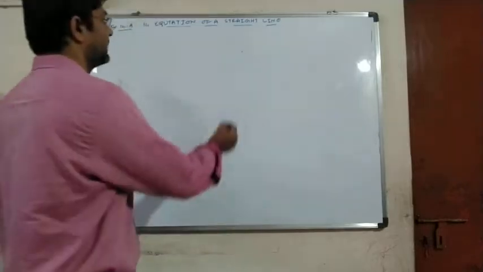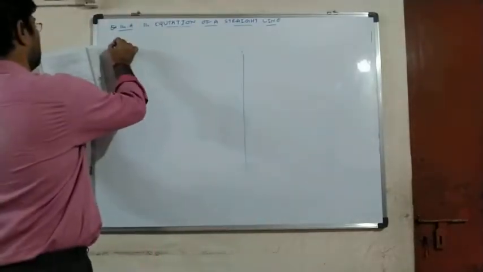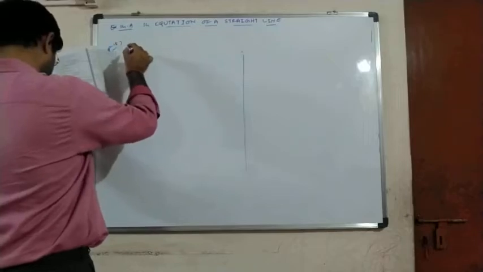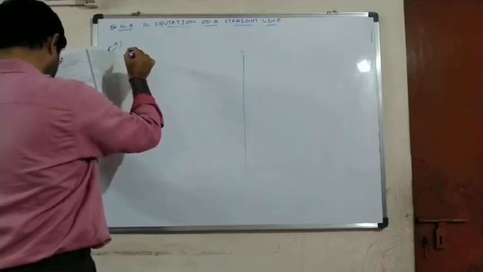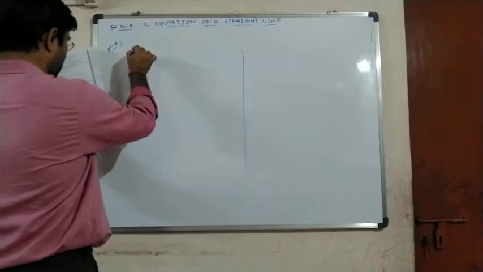Now let us start exercise 14A, question number 18. In question number 18 it is given that find the equation of a line passing through the point.